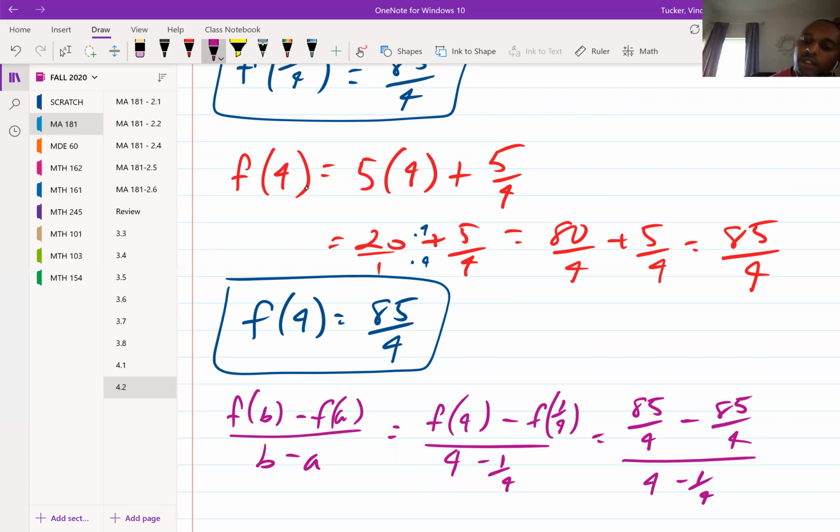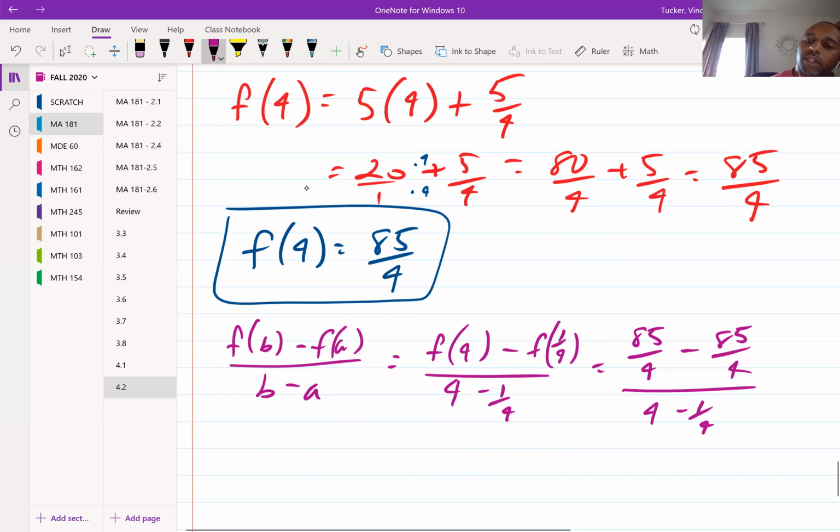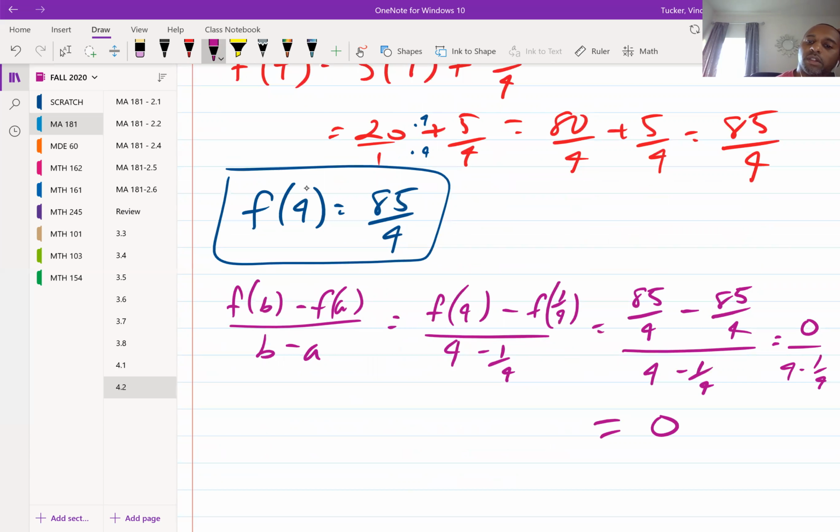And that denominator doesn't matter because I have 0 in my numerator. So that means that is 0. And that is, as a matter of fact, I'll leave it like that. And then go here.